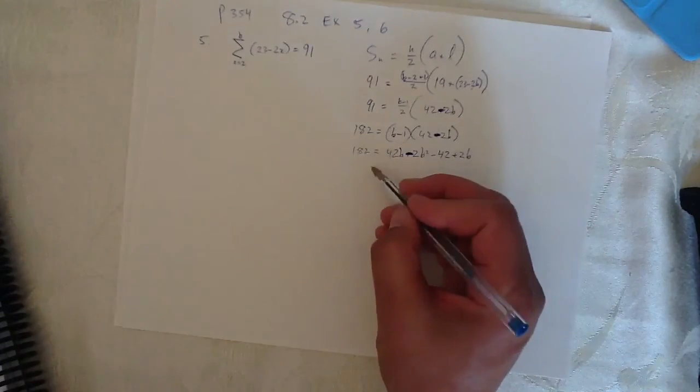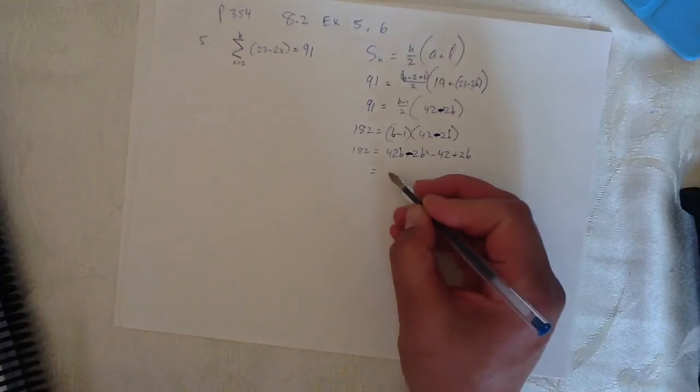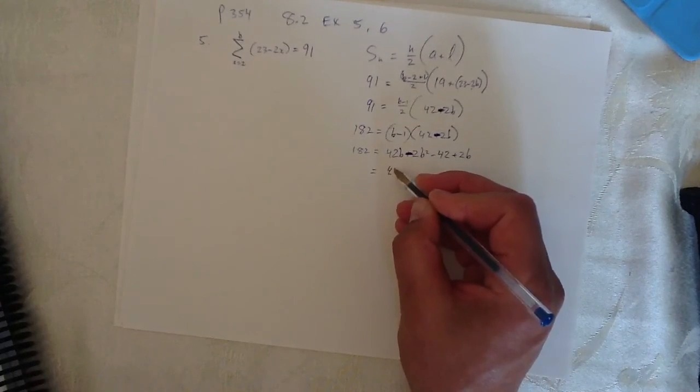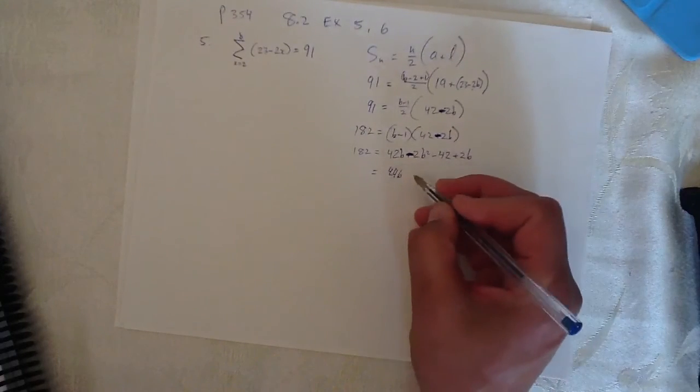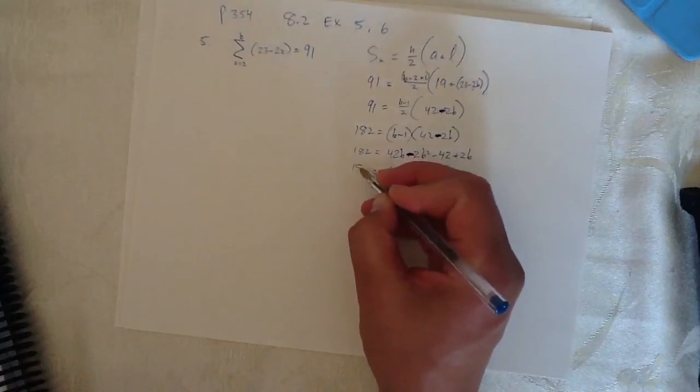And this foiling can get cleaned up, and it is 44b minus 2b squared minus 42. That's 182.